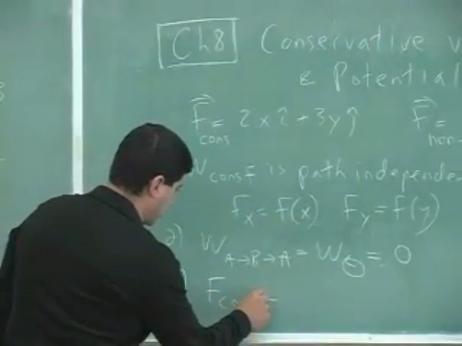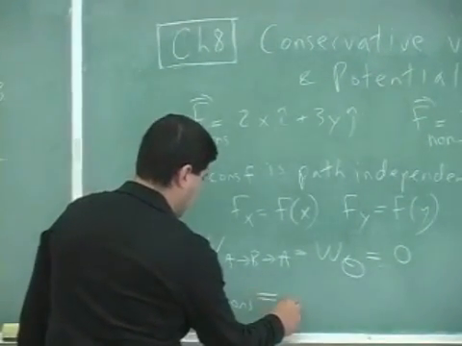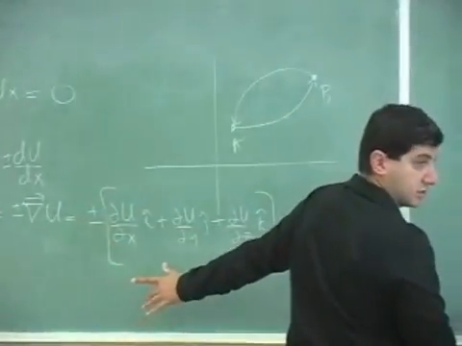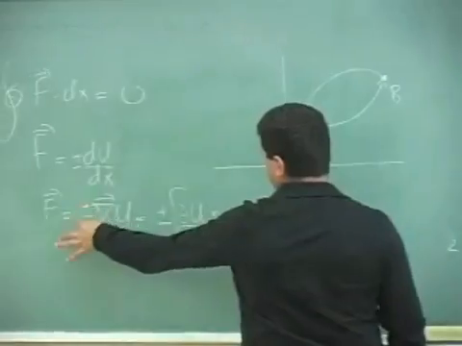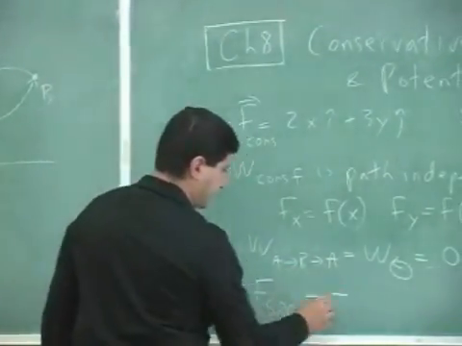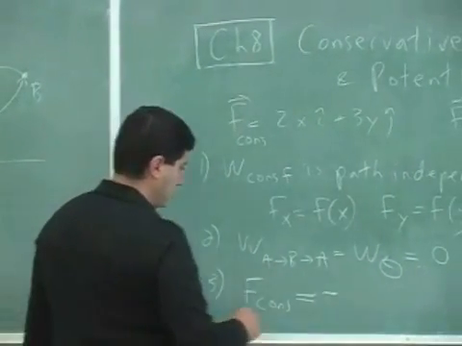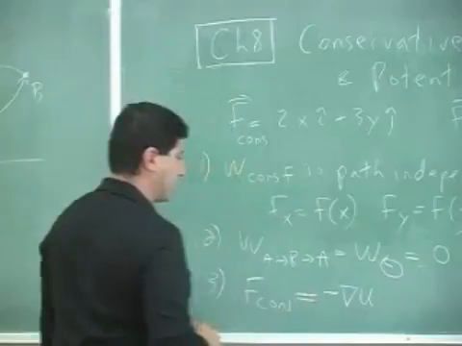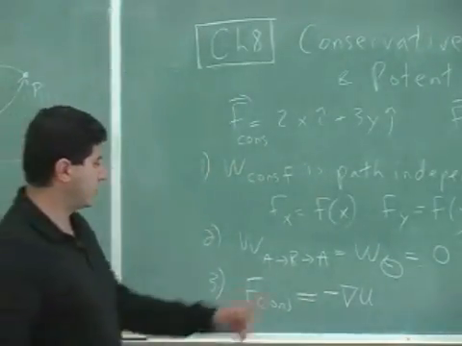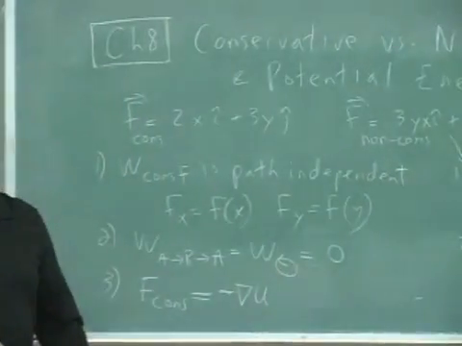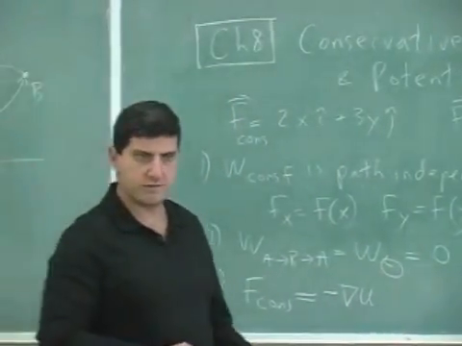So back to number 3 here, conservative forces can be represented as, now we could take either the plus option or the negative option, because calculus allows us to take either. But for physics, we're going to choose the negative option, and there's a reason for that. Negative the gradient of some other function. Whereas non-conservative forces are not going to be able to equal the derivative of some function.